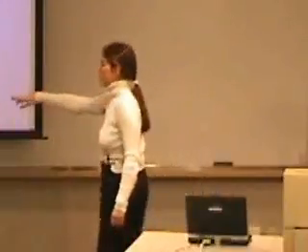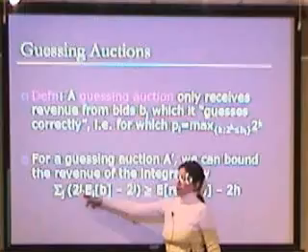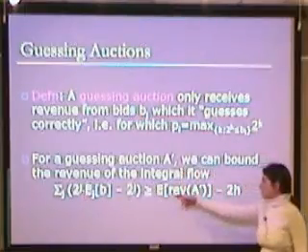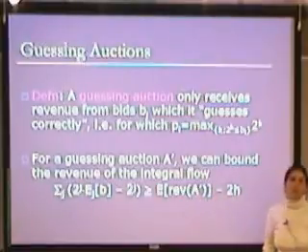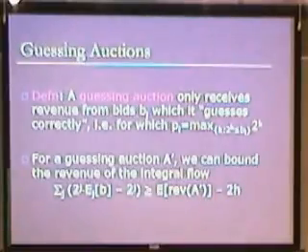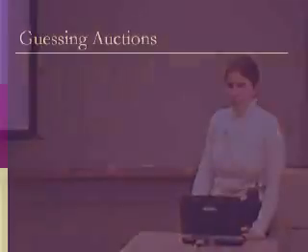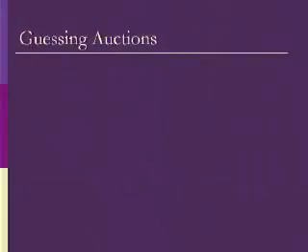If I could do this, I can use the previous construction to bound the revenue of the integral flow, because the guessing auction is, in fact, only getting credit for the bids that it guesses at the right value. So that summation is precisely the expected revenue of the guessing auction. So what I need to show you is that this reduction doesn't lose too much in revenue.